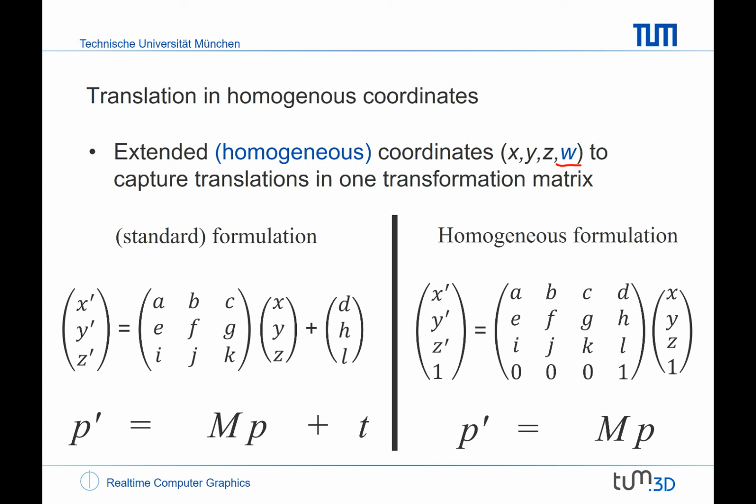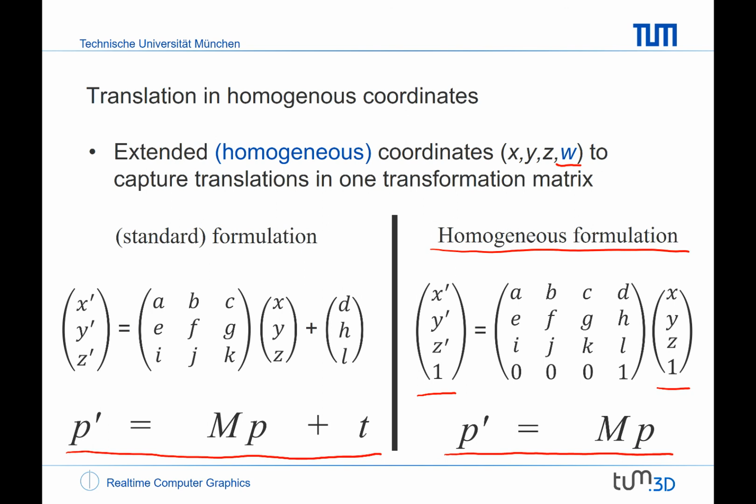What we see here is the standard formulation as we have introduced it before. By extending the transformation matrix from 3x3 to 4x4, and also extending the input vertex by an additional homogeneous coordinate, and then also getting a homogeneous coordinate for the output vertex, we can write the whole transformation by using one single transformation matrix M. This is called the homogeneous formulation.